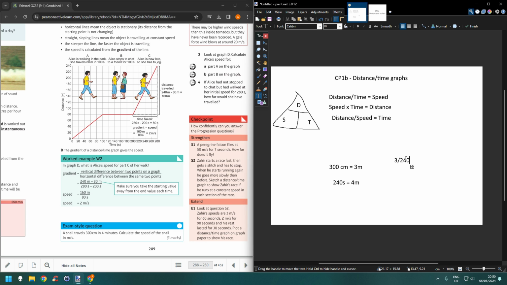So the speed, I think we've made a mistake. 300 centimeters, 4 minutes. Speed of the snail in meters per second. It's definitely not going 80 meters per second, which is why I think we've made a mistake.